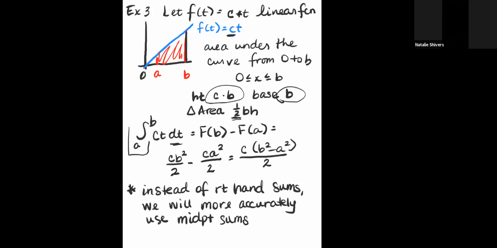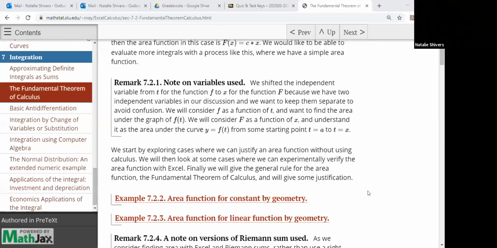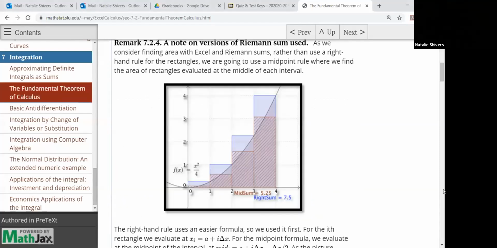Okay, I did those two. So here's what we're going to do now for the midpoint sums.